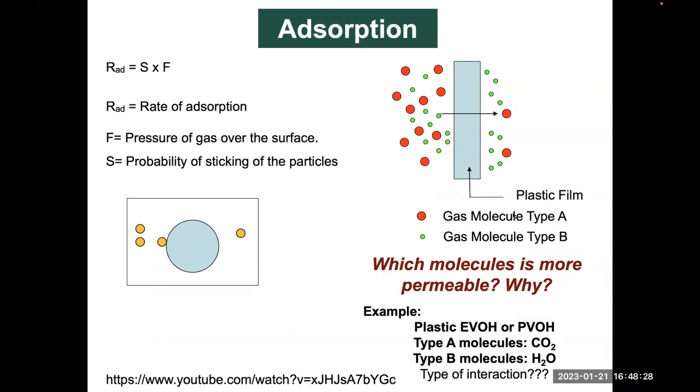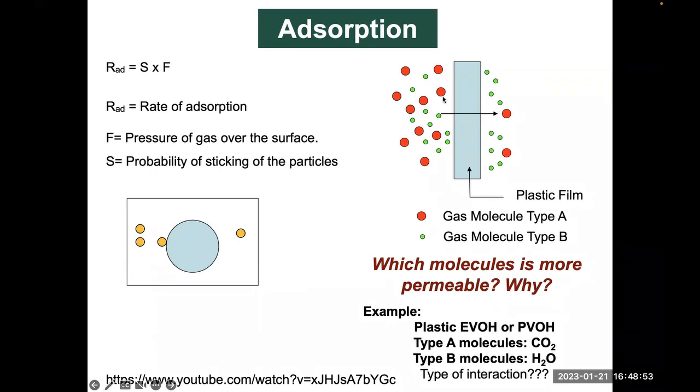So that means they like water. So if my plastic is like, for example, EVOH and PVOH, and let's say my green molecules are like water, it is going to quickly bind onto the surface of the film, and then it can transmit through quickly.